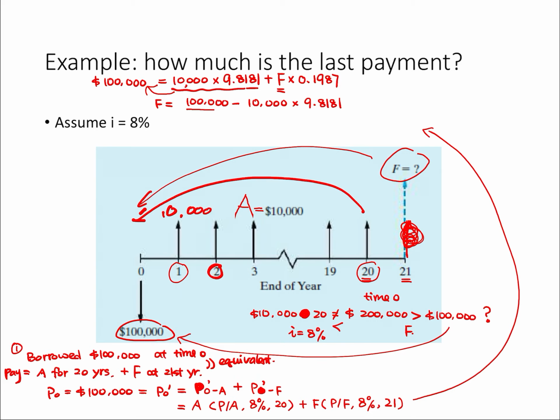We want to solve for this F. And then we still need to divide this by the factor. And let's see, how much do we get? 100,000 minus 10,000 times 9.8181, divided by 0.1987.